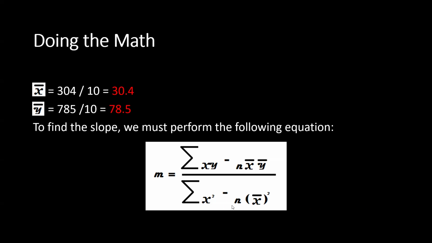From that, we're going to subtract n, which was 10, multiplied by x bar squared, the number of observations times x bar, squared. All right, and that will provide us with the slope.